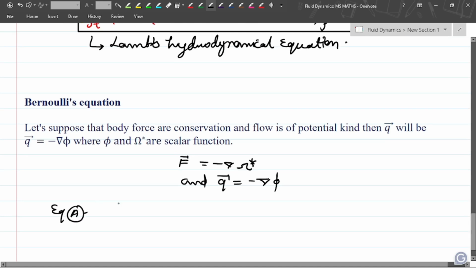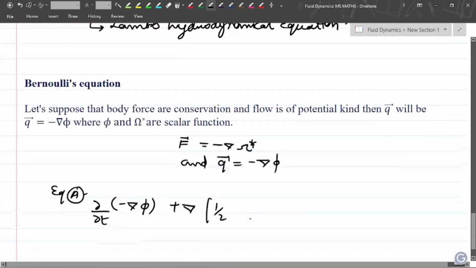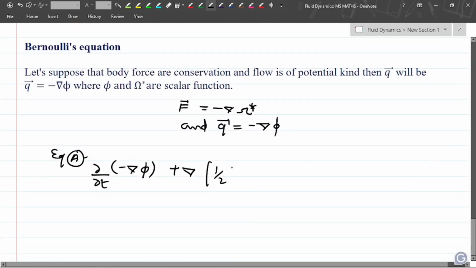By using equation A, del q by del t is equal to minus del phi plus del cross 1 by 2 q vector plus q vector cross del cross q vector.